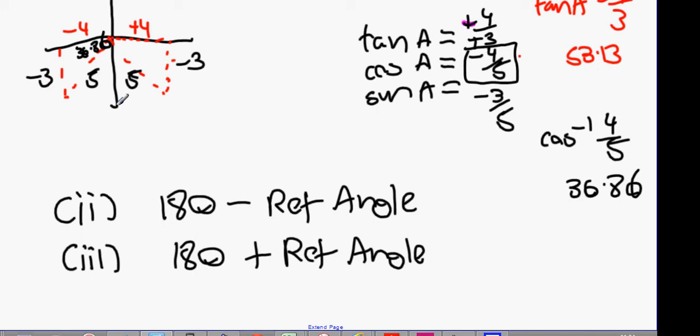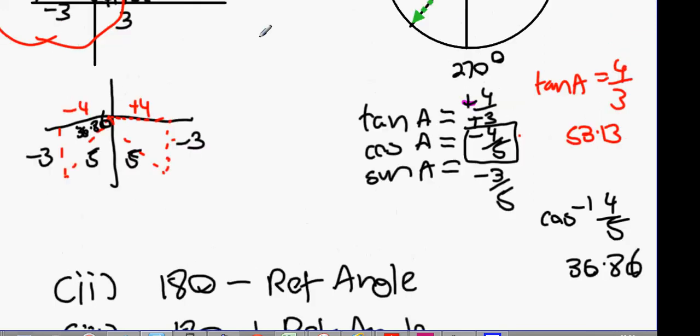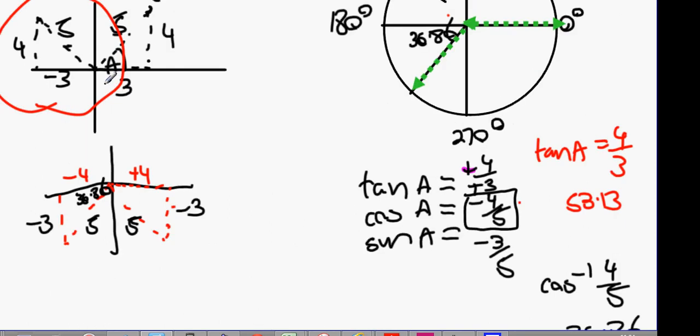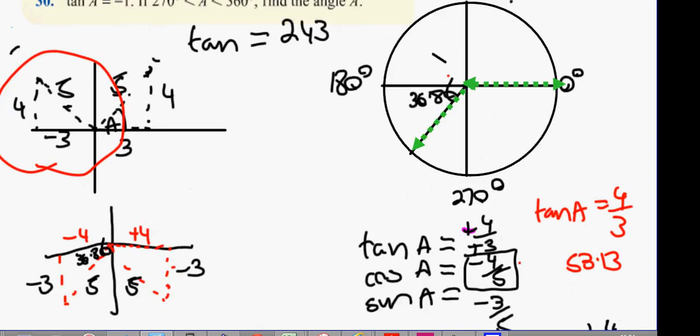Finally, we're going to make the last rule up now. The last rule is when we go all the way to the last corner. Okay, we're going to the last corner now, and the last corner is going to be over here.